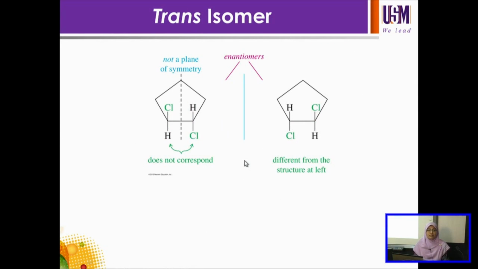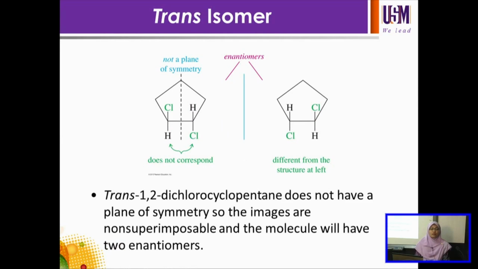What about the trans isomer? Trans-1,2-dichlorocyclopentane here does not have a plane of symmetry. You can see here that the chlorine atoms are in opposite directions, so they do not correspond. When we place the whole molecule in front of a mirror, we can see that its mirror image is different from the structure on the left, so it is non-superimposable.